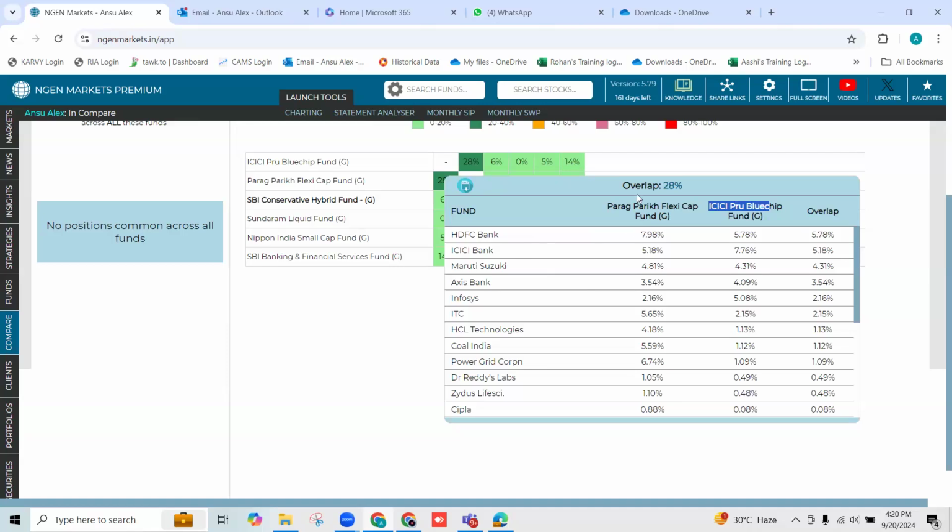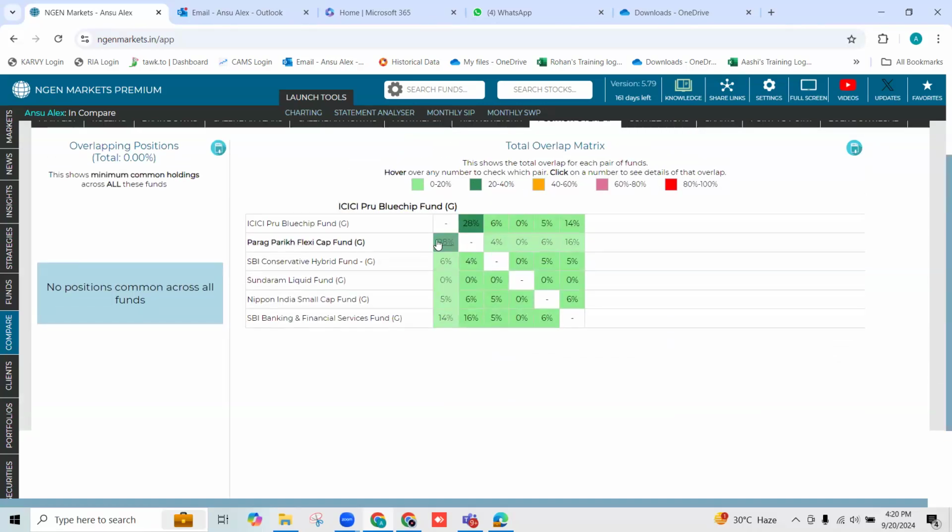Both these funds have these many stocks in common, meaning Parag Parikh has HDFC Bank to an extent of 7.98%, and iPro as well has HDFC Bank to an extent of 5.78%. Now, the minimum out of these two is mentioned in this overlap column. And the accumulation of this comes up to be what we see right here, 28%. And that is also shown on this style section.